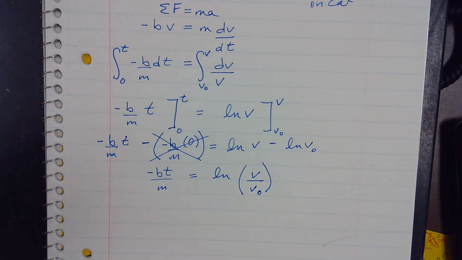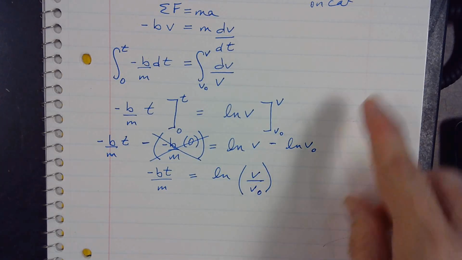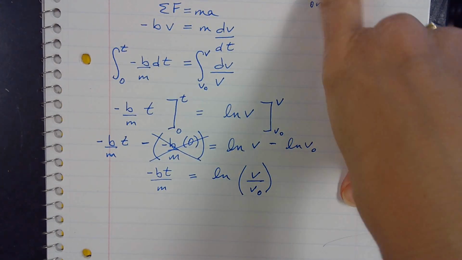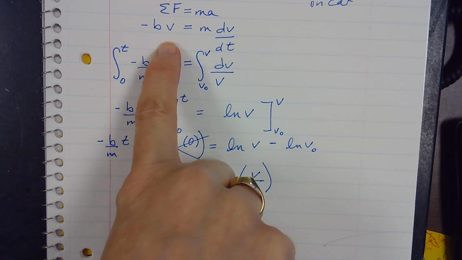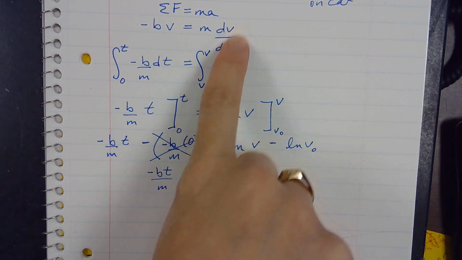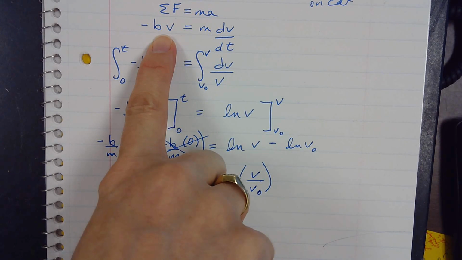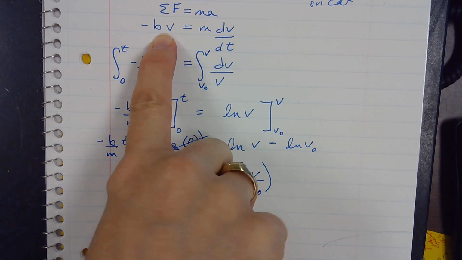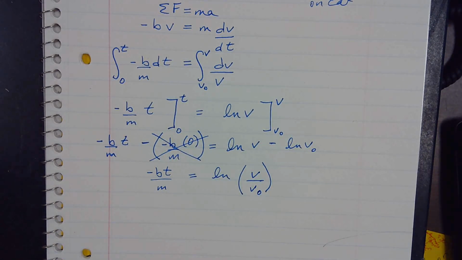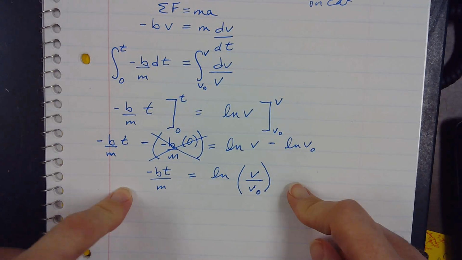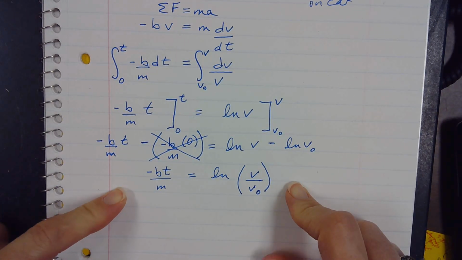So we're going to pause, review, then go forward, because where are we headed with this whole thing? We started off with this force that depends on v. So the acceleration, the rate of change of velocity, depends on the velocity at that moment. We're trying to find an equation that's v by itself as a function of time. We've done that, but it doesn't look pretty.